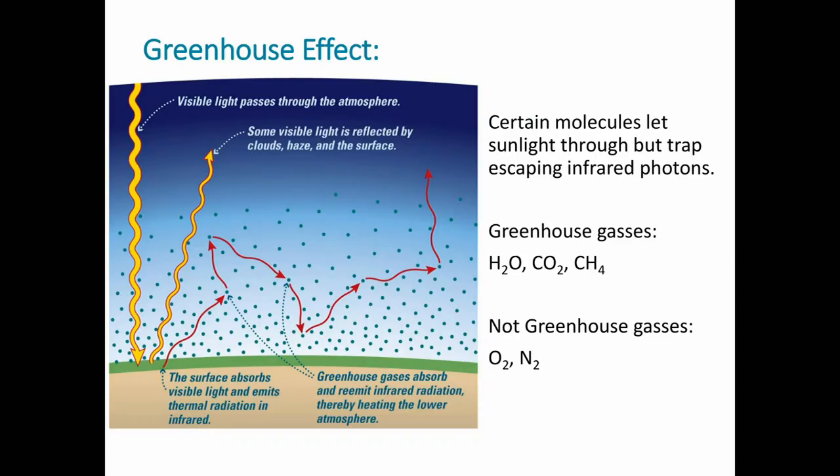So basically the molecules that are two different chemicals together are greenhouse gases, but the pure things like oxygen and nitrogen are not greenhouse gases. The problem with greenhouse gases is if I'm trapping the infrared heat from the surface of the planet that should be radiating back into space, I'm slowly going to heat up the surface of my planet.